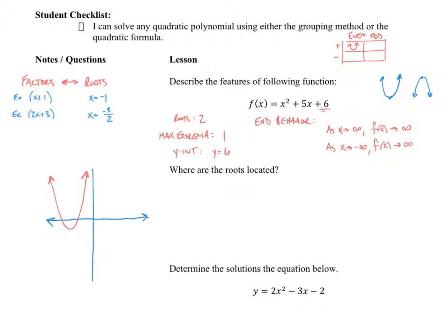What I want to do when I find my roots is find these points. And remember, those points are just coordinates on the coordinate plane, right? They have an x-coordinate and they have a y-coordinate. The interesting thing about a root, though, is that all roots have the exact same y-coordinate. Because I don't know what these x values are, but I do know that this is the point something, 0.